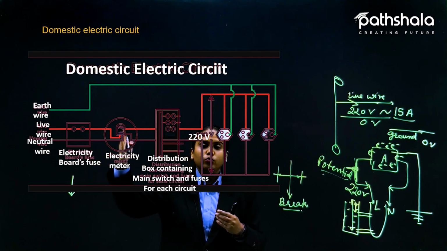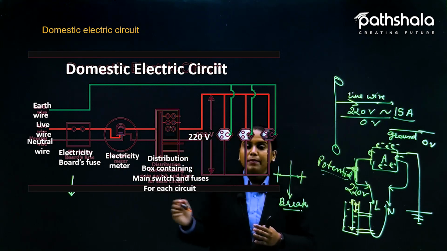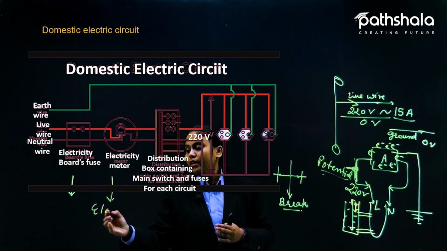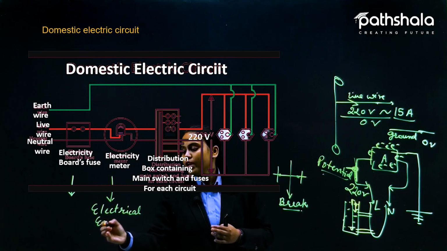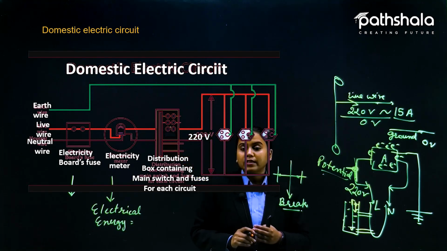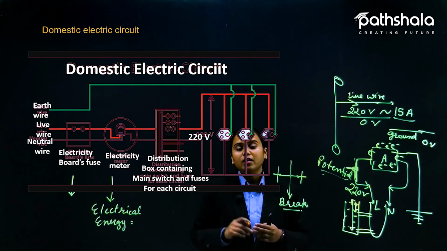Now coming forward, there is the electricity meter, which helps us calculate our electrical energy. The meter measures electrical energy, and in what terms? That we have seen here, I square RT, which we learned in an earlier chapter.